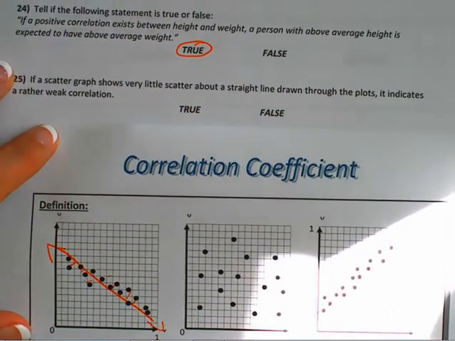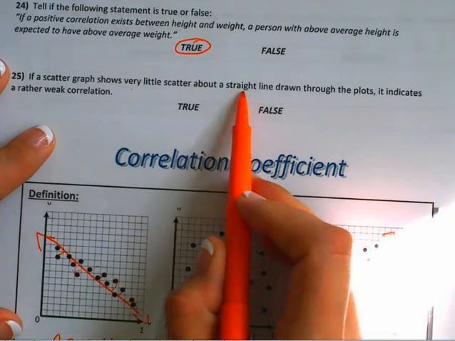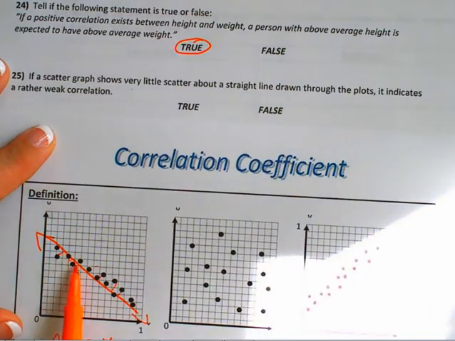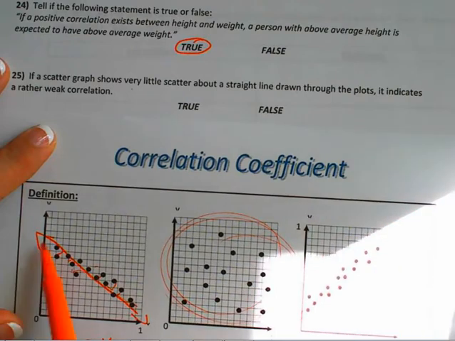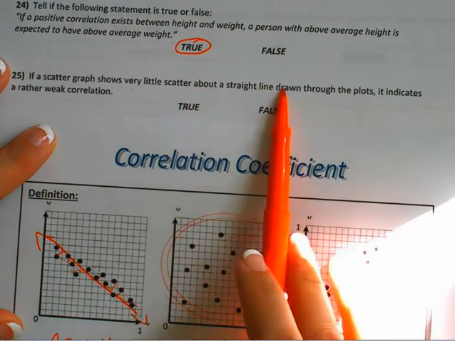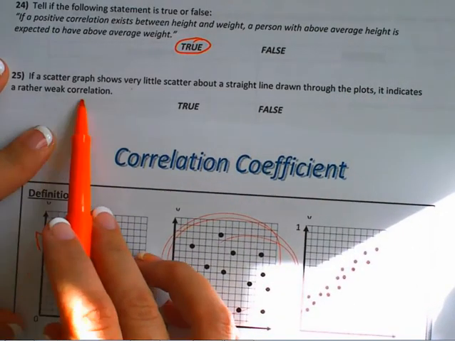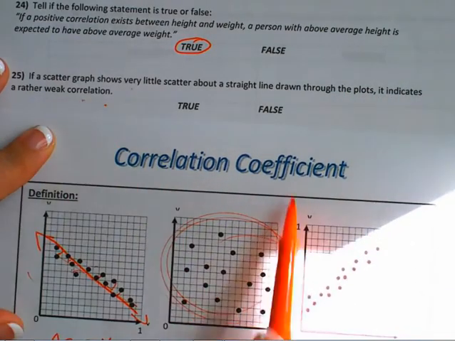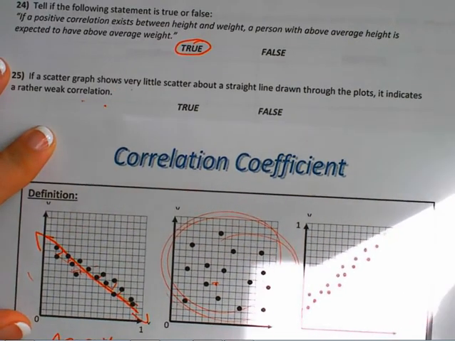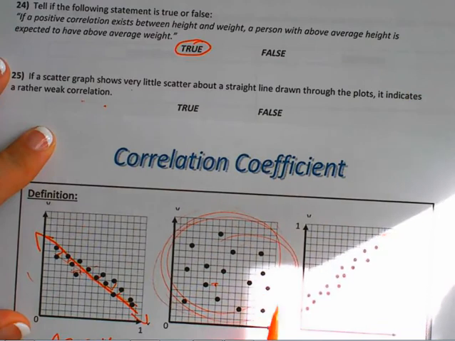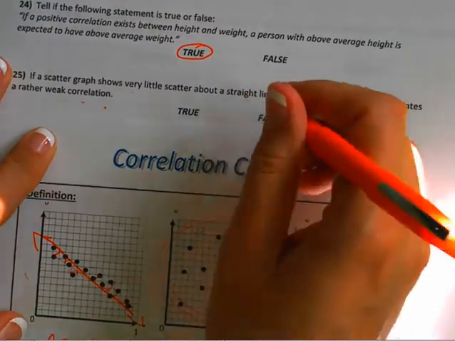These are scattered everywhere, right? This has very little scatter about the straight line drawn through them. Does it indicate a weak correlation? That's not true, because if it has little scatter, then it has strong correlation. When they're scattered about like this, it has little or no correlation, so this would be false.